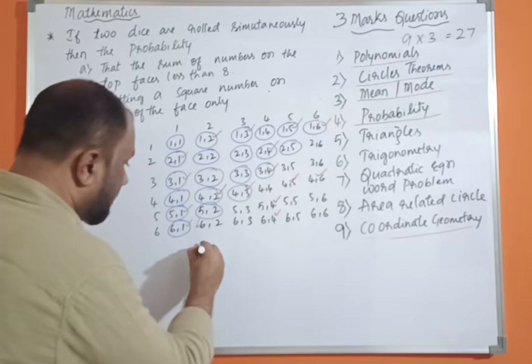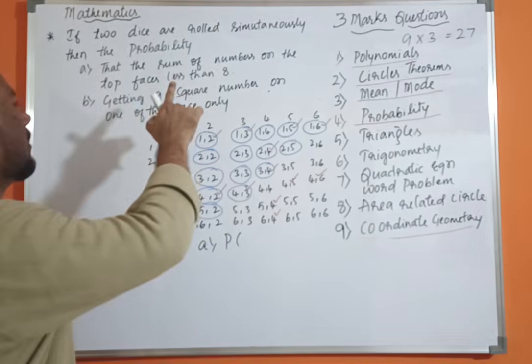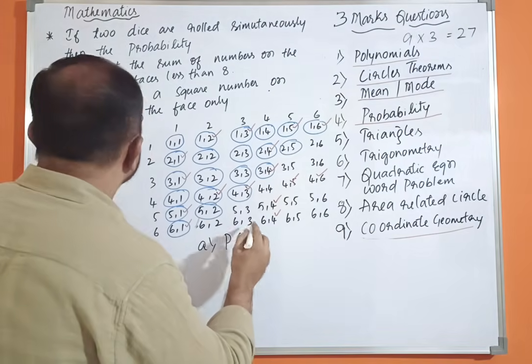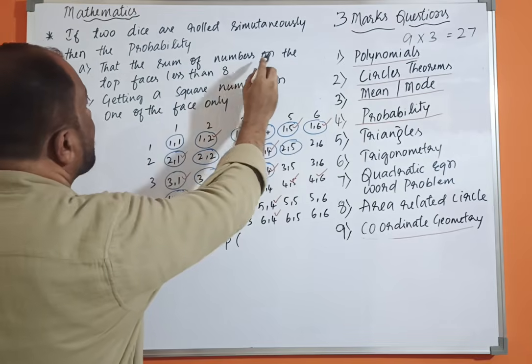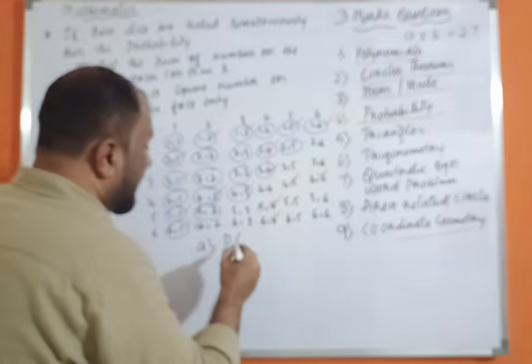A. P of sum of numbers on the top faces less than 8.